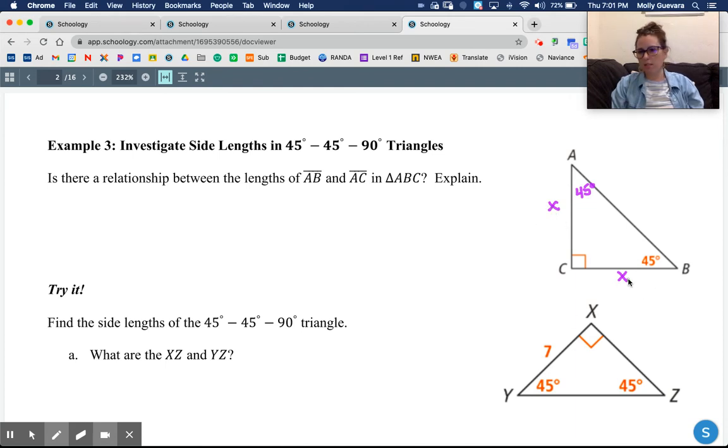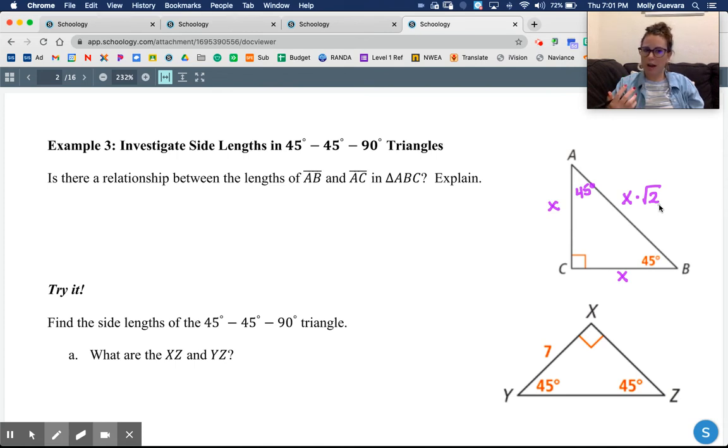This is 15, this is 15. And then my hypotenuse is always whatever that side length is times the square root of 2. So if this is 4 and 4, this would be 4 square root of 2. This is 15 and 15, this would be 15 square root of 2.